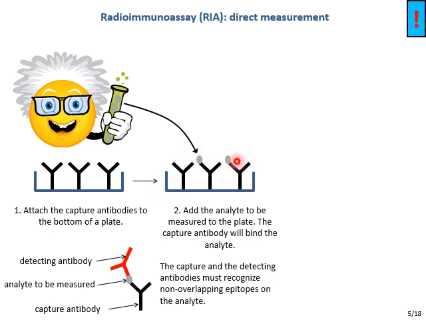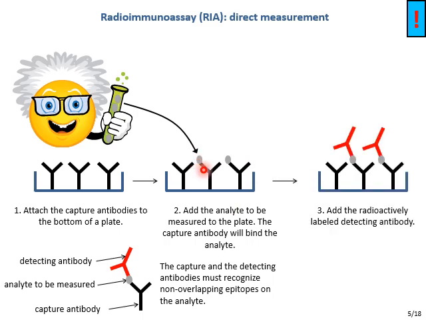At the bottom of the plate, the capture antibodies are already present, and these capture antibodies capture or bind the analyte against which they were raised. And now you can actually see why this antibody is called a capture antibody, because it captures or binds the analyte.